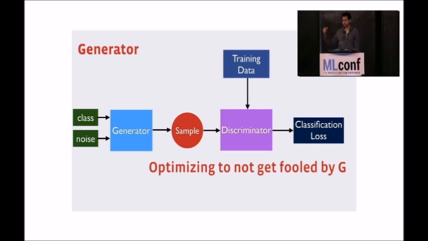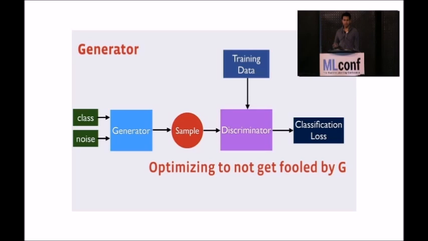So let's say you're still generating images. You can also send in as input the class of the object that you want to generate. Let's say you want to generate a ship. You give a categorical distribution as your input, where you put a 1 at the ship part of the distribution and 0 everywhere else. And the rest of your model stays the same.